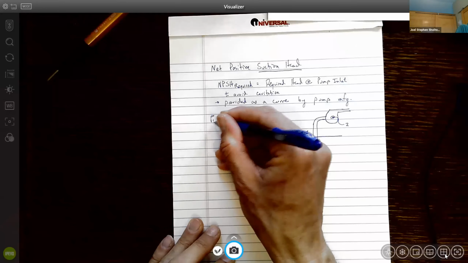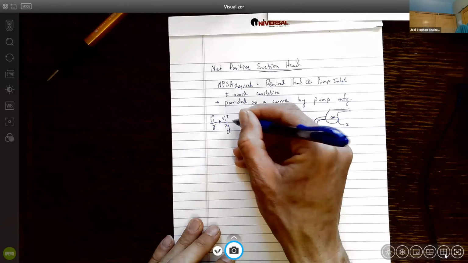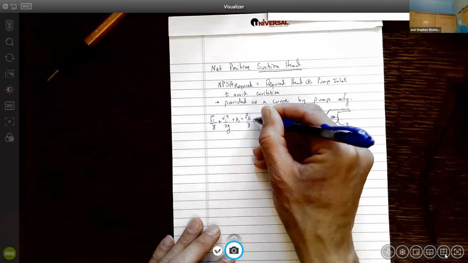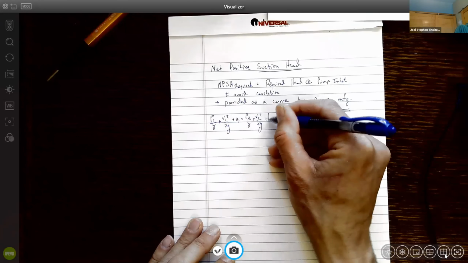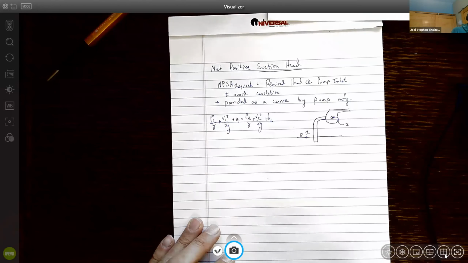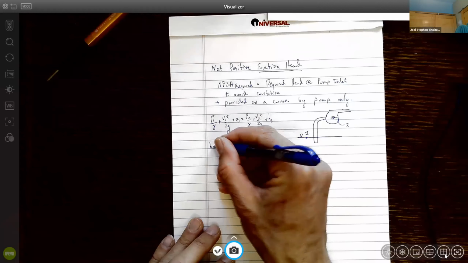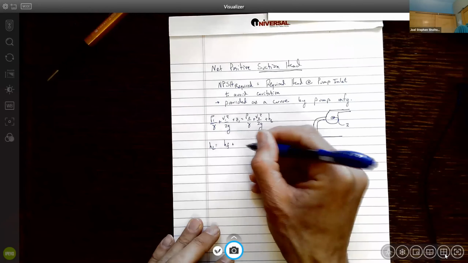So P1 over gamma plus V1 squared over 2g plus Z1 is equal to P2 over gamma plus V2 squared over 2g plus our head loss. Okay, so head loss is going to be equal to our head loss due to friction plus any minor losses.